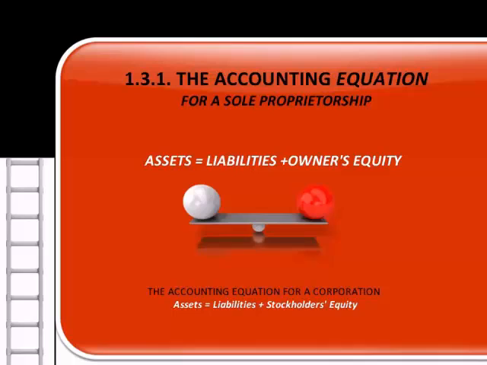The relationship between assets and the two types of equities, liabilities and owner's equity, is shown in the accounting equation. The accounting equation for a sole proprietorship is assets equals liabilities plus owner's equity. The accounting equation for a corporation is assets equals liabilities plus stockholders' equity. Liabilities usually are shown before owner's equity in the accounting equation, because creditors have first rights to the assets.